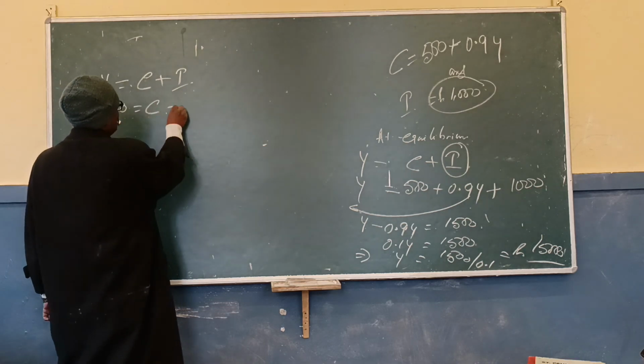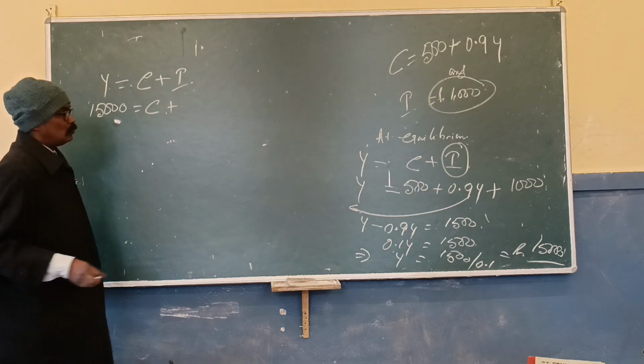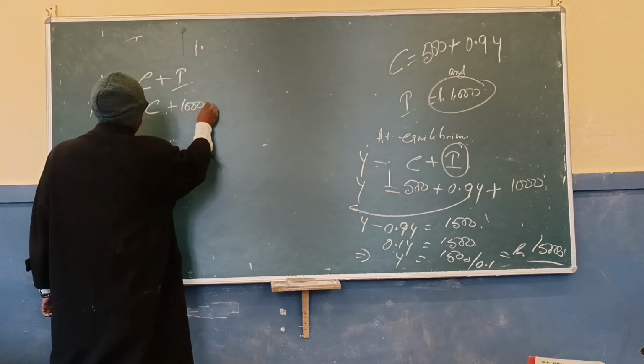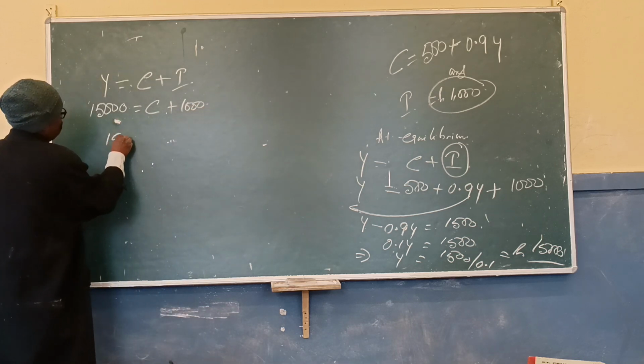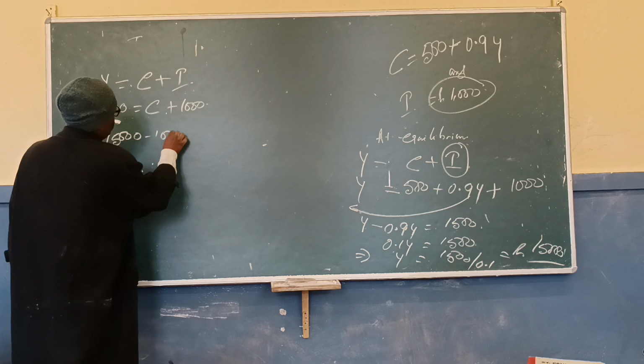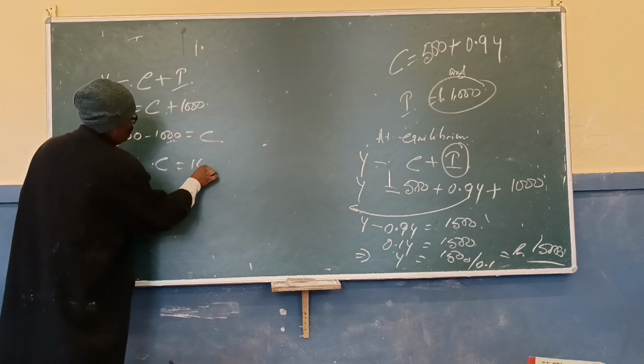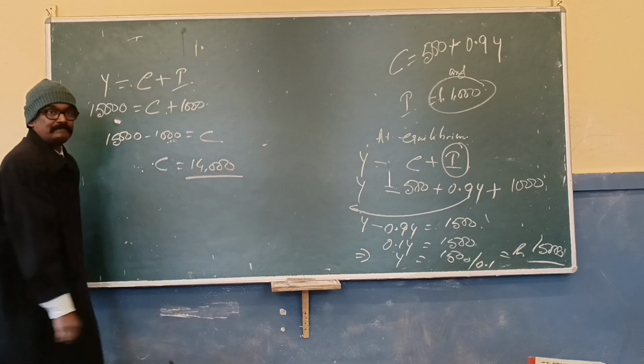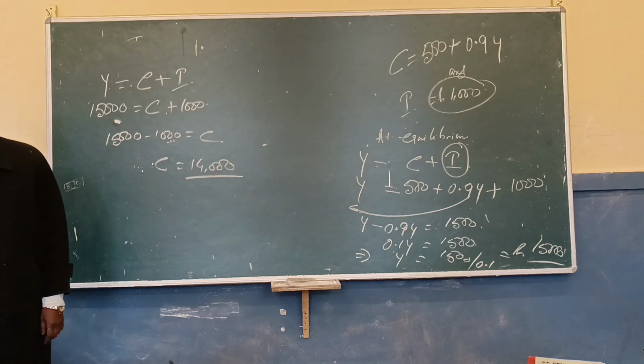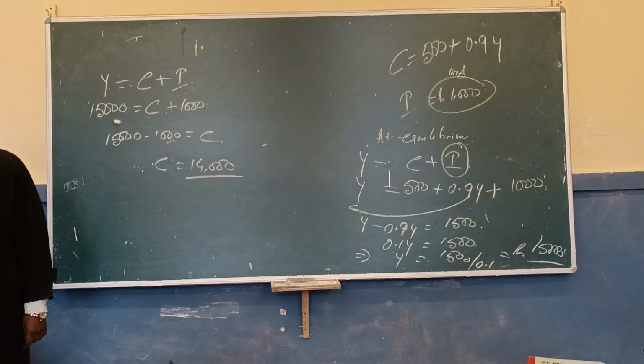So what is the value of I? 1,000. So 15,000 minus 1,000 is equal to C. Therefore C is equal to 14,000. What I did was over here only I put the value. It's okay. Have you understood?